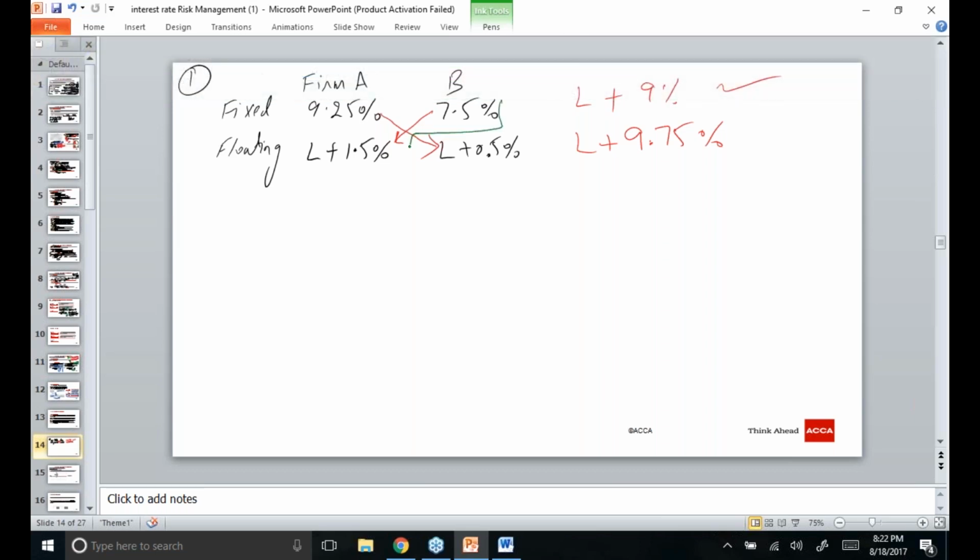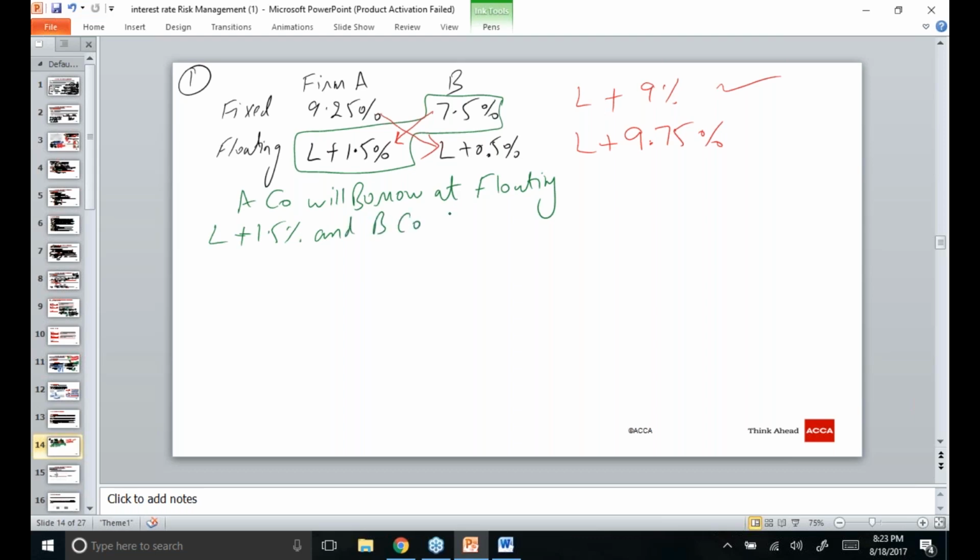So the first step is to identify the cheaper structure and declare it, like A company will borrow at floating, LIBOR plus 1.5, and B company will borrow at fixed, 7.5%.